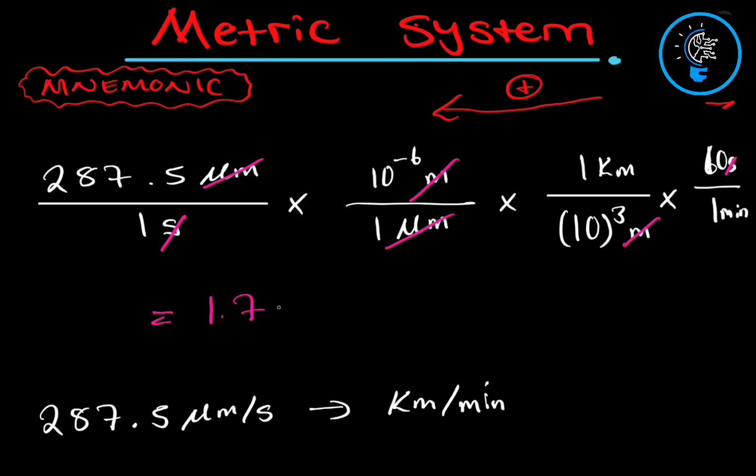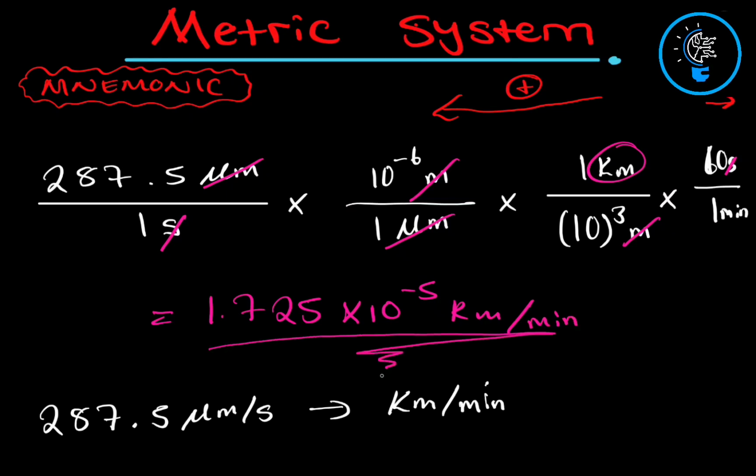And we are getting 1.725 times 10 to the power negative 5. What are the units? We have a kilo there, so it's kilo. We have a minute at the bottom, so I'm going to say per minute. So this one will be your unit. So that's how you convert it into kilometers per minute.